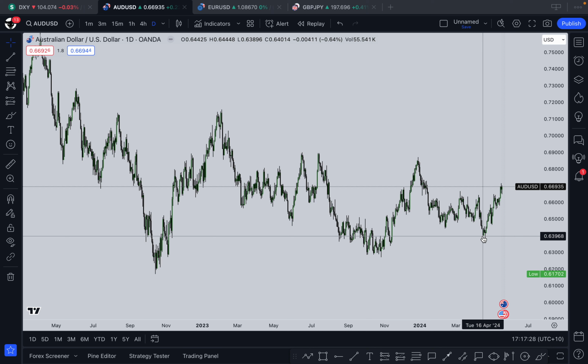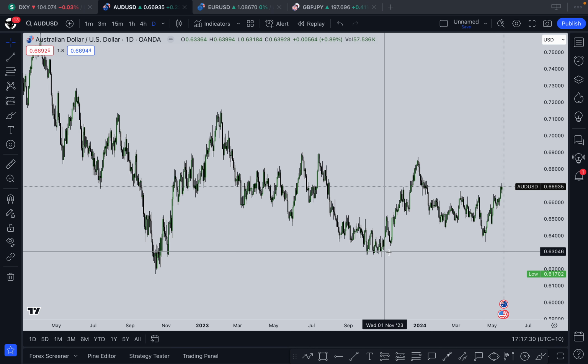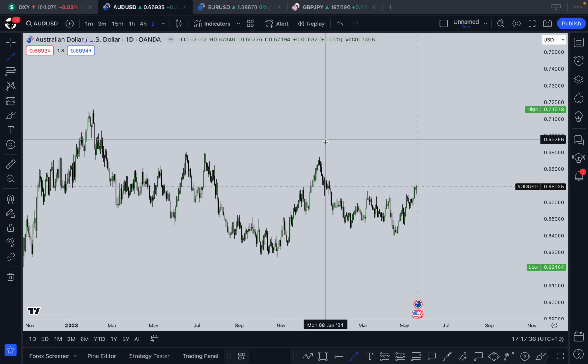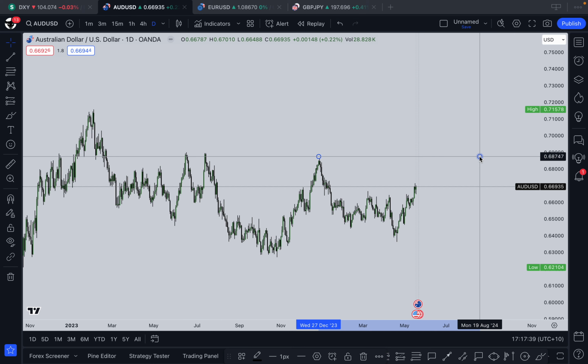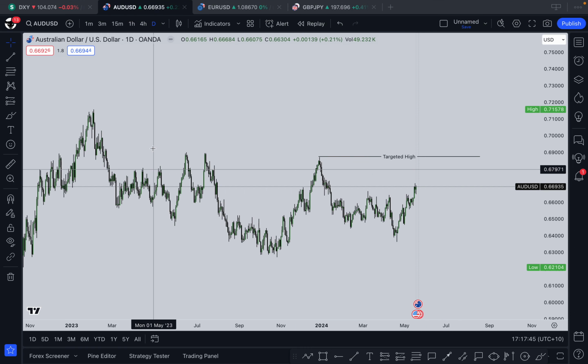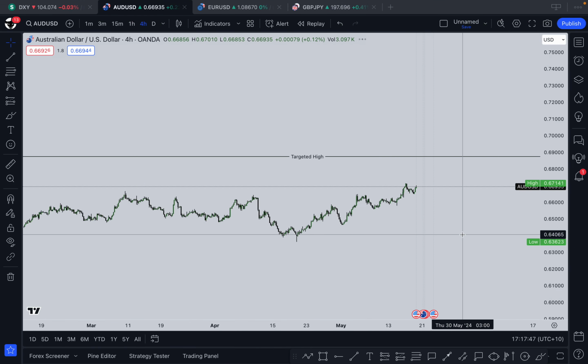Failed to put in a new low, right? Yeah, the high is weak. We failed to put in a new low. This one failed to put in a new low. I'd say this is where we're targeting for the week, right? Or even this month probably. So this is our targeted high. Yeah, perfect. The high is weak.